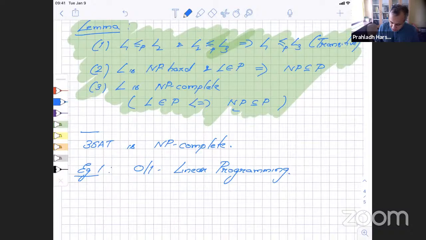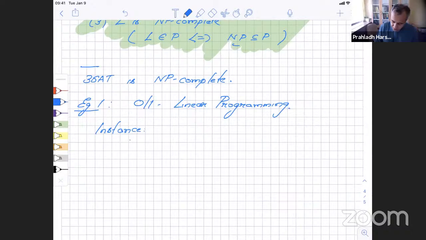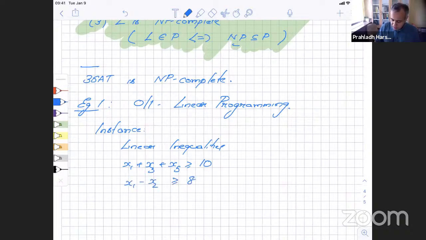So the instance here is a bunch of linear inequalities. Say x1 plus x3 plus x5 is greater than or equal to 10, x1 minus x2 is greater than or equal to 8. It's some m such inequalities.